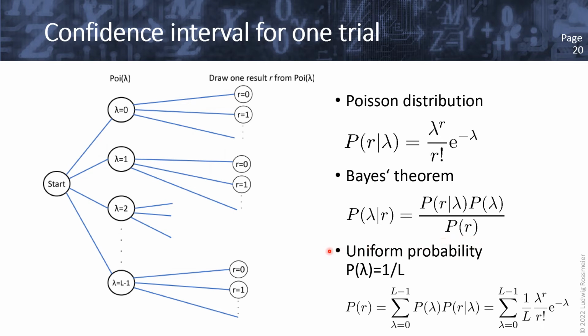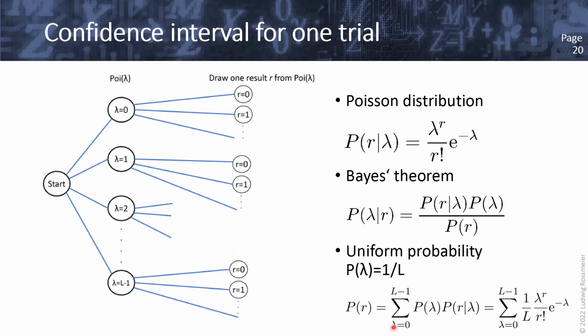Using the approach from before, we go over each of the paths. That means P of R is the sum of all P of lambda times P of R given lambda, using all possible paths here for one distinct R. In formula, this is written with a sum symbol.